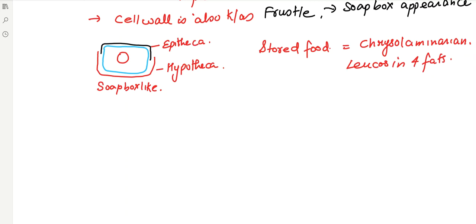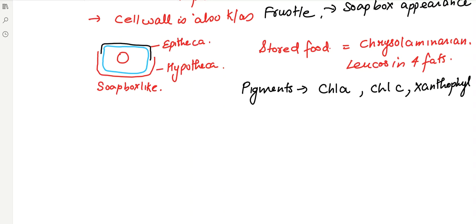This food material will be obviously due to the photosynthesis. Photosynthesis will be performed by pigments. They have chlorophyll A, chlorophyll C, and xanthophyll. These are those group of organisms which are present in abundance.